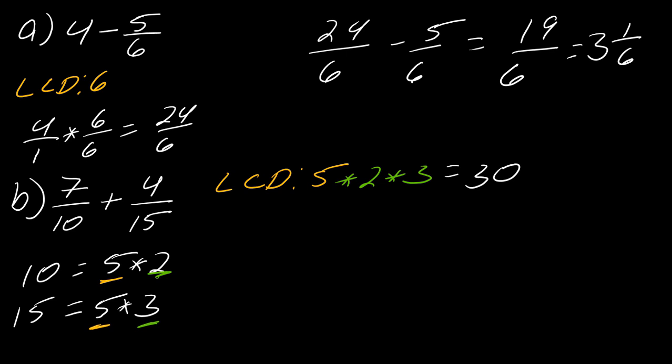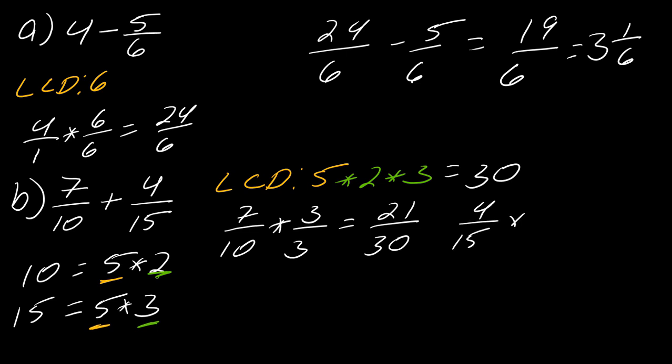Okay, so now I want to rewrite each fraction with that desired denominator. What do I have to multiply 10 by to get to 30? I need to multiply it by 3. Whatever I do to the bottom, I do to the top. So this 7 over 10 will become 21 over 30. And then I do the same thing for 4 over 15. What do I have to multiply 15 by to get to 30?